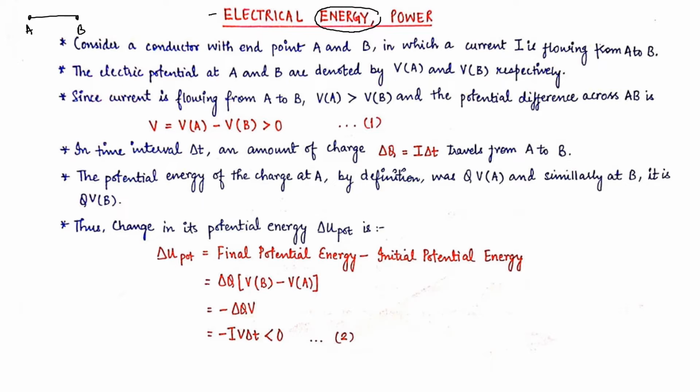Electrical energy is the energy which is by virtue of the motion of the electrons in a given material. The kinetic energy of the electrons is converted into electrical energy.